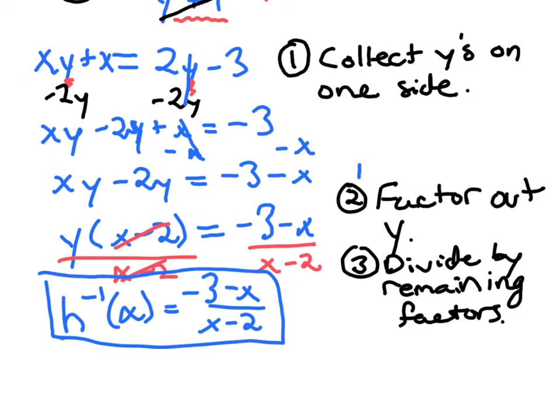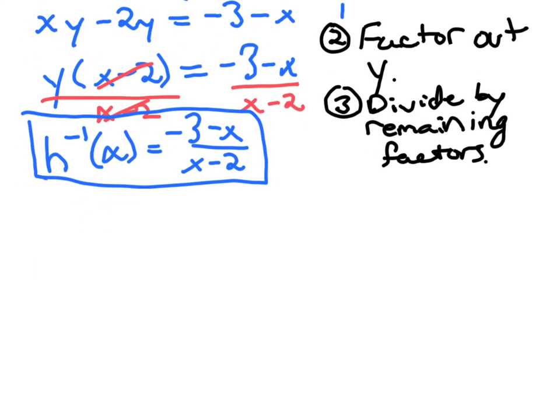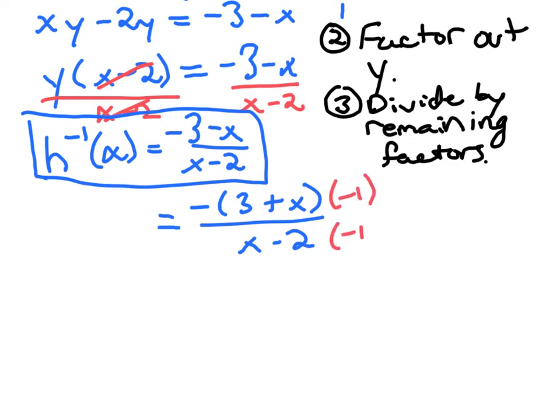Although, if you like to present your solutions as cleanly as you can, there's a couple things we could do to clean this up. We could factor a negative out of the numerator, and we'd have positive 3 and positive x. And then you could multiply top and bottom by negative 1.